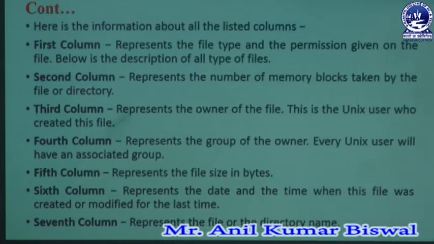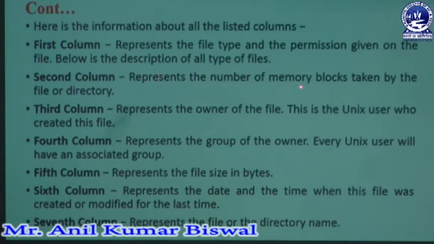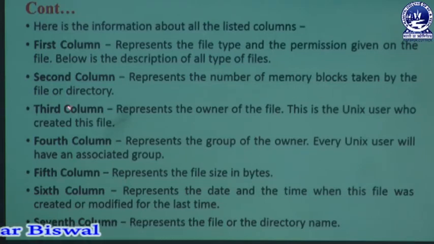In the second column, we represent the number of memory blocks taken by the file or directory, meaning in which area your file is available. In the third column, we get information about the owner of the file, which is the Unix user who created the file.